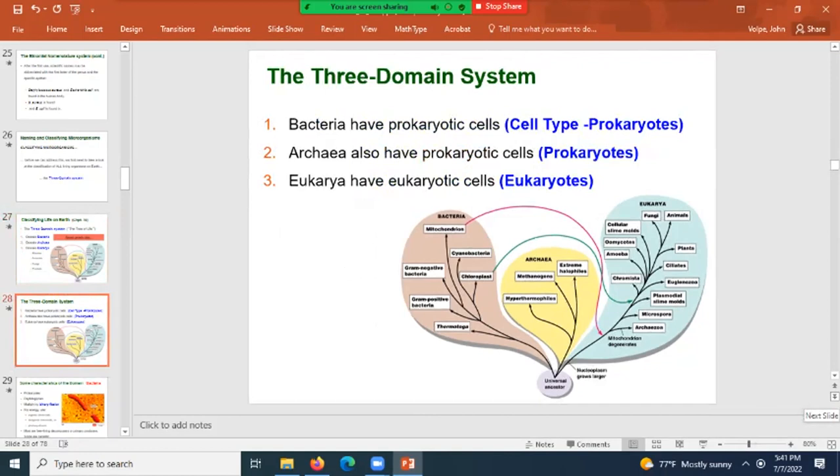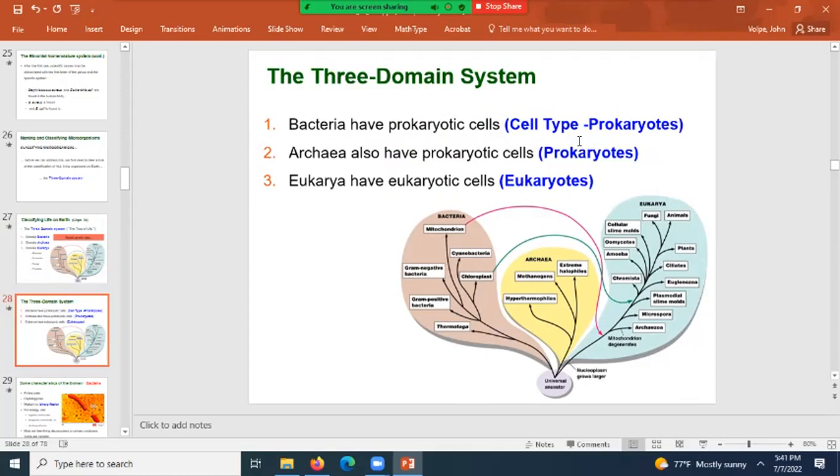All right, so let's talk about the three domain system a little more. It is defined. There are three domains: bacteria, archaea, and eukarya. The textbook talks about prokaryote cells and eukaryote cells as a cell type.